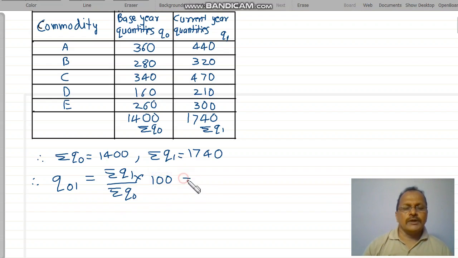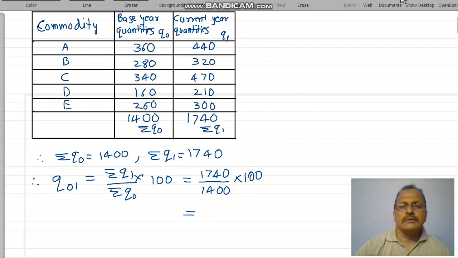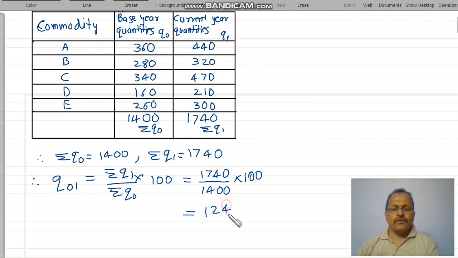It is equal to 1740 upon 1400 into 100. It is equal to 124.3.